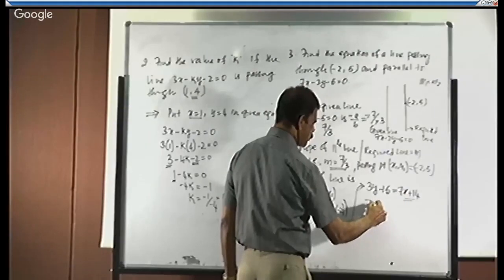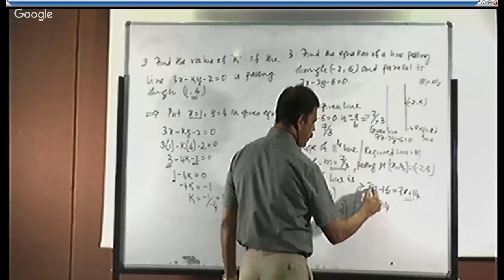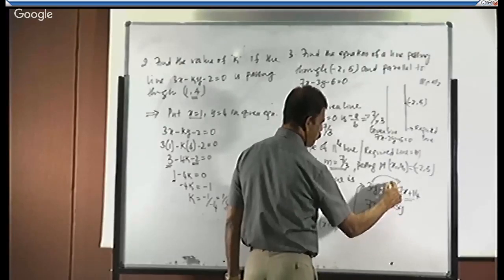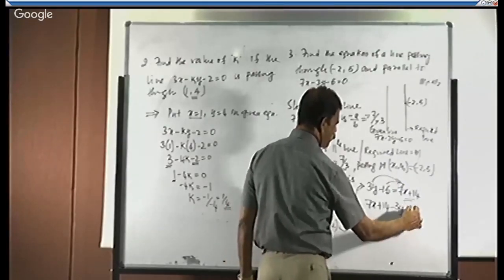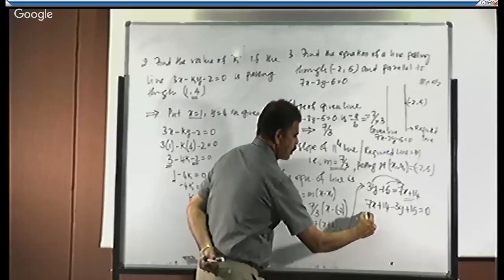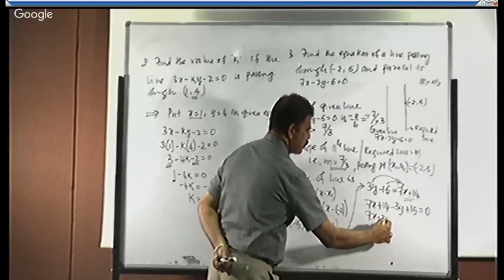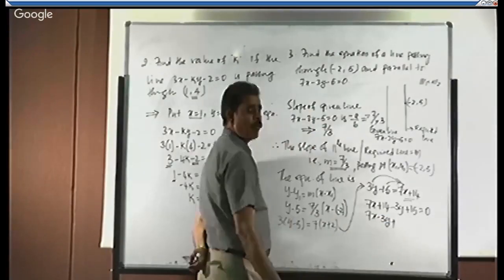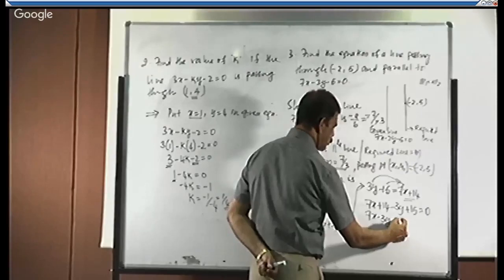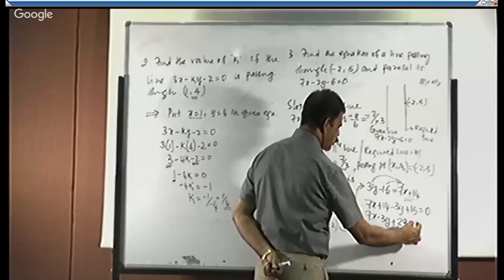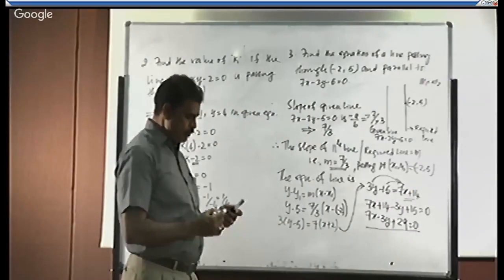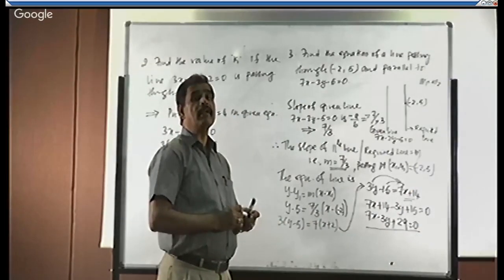Therefore, 7x plus 14 minus 3y minus 15 becomes plus 15, is equal to 0. Then 7x minus 3y plus 14 plus 15. Both are positive values. Add them: 29 is equal to 0. So this is the equation of the required line.